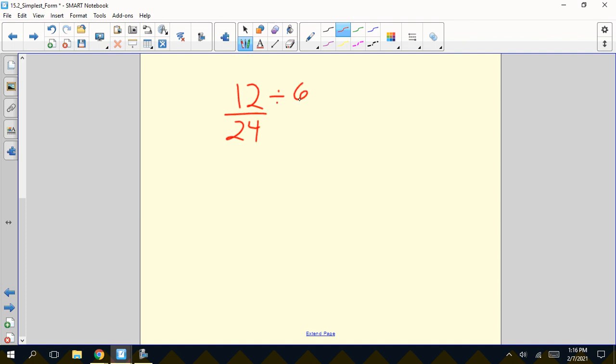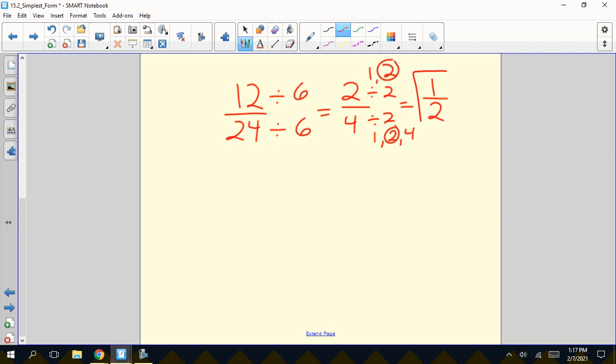So if we divide both by 6, 12 divided by 6 is 2. 24 divided by 6 is 4. 2/4 is not in simplest form because I know that 2 goes into both numbers. So I'm going to divide the top by 2 and divide the bottom by 2. 2 goes into 2 once, 4 goes into 2 twice, and again, we get 1/2.